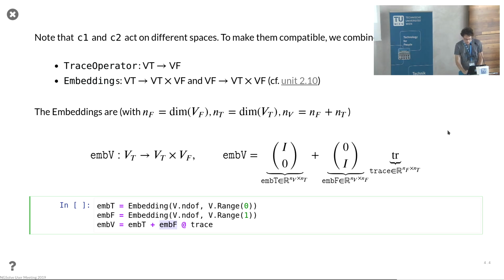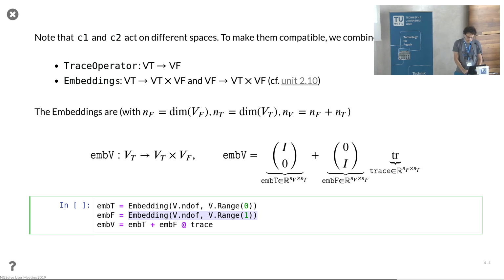So we have the trace operation, it goes from volume to facet, and now this embedding F essentially just fills up the vector with zeros for the volume part. So this is what this embedding does here. It just embeds the second component, so the trace values in this case, into the product space here, and correspondingly the same works for the volume guys.